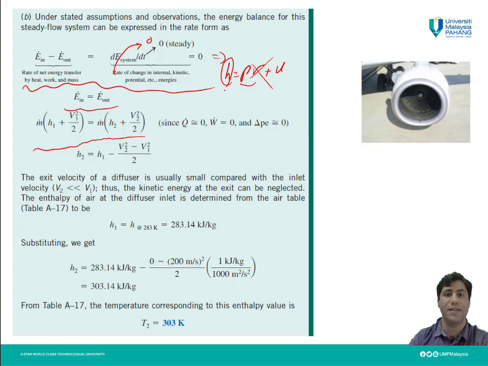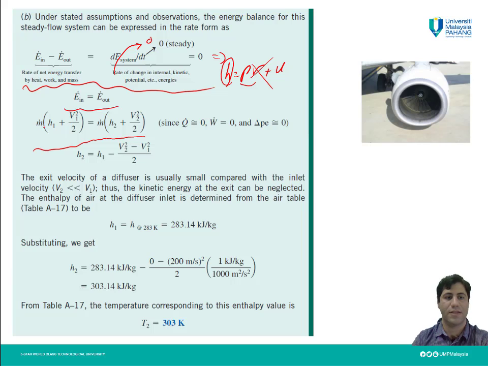The reason to define enthalpy is generally for this purpose, to have a simpler property, which is a combination of the PV work and internal energy. So we have that enthalpy and also kinetic energy, because we have a flowing fluid. It has velocity, so it has kinetic energy.